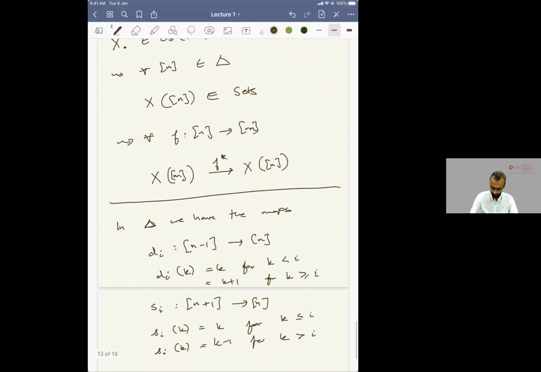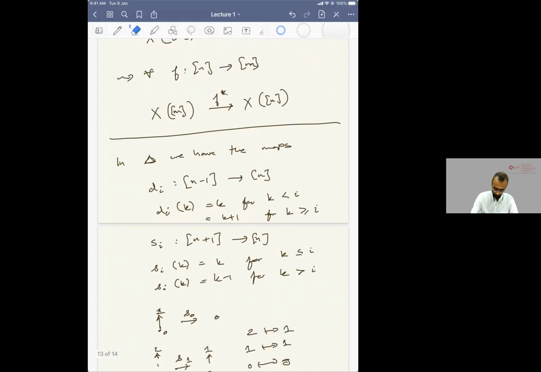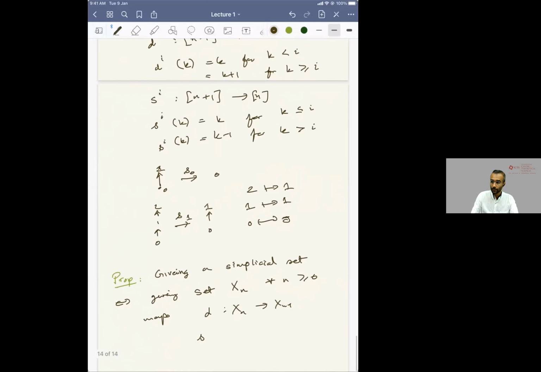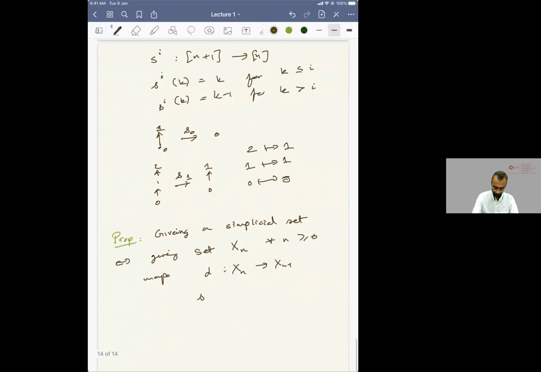I'm just changing the notation a bit because I would prefer to put the di differently.